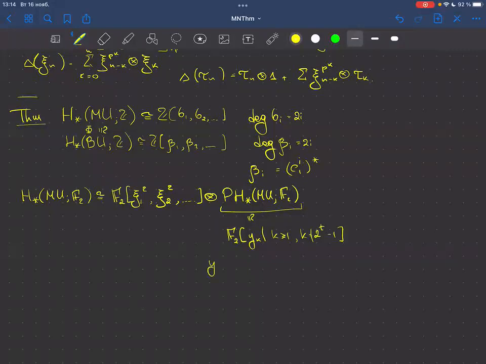Sorry, anyway, the coaction is given by the coaction on the first factor, and these guys map primitively. This is for p equals 2.